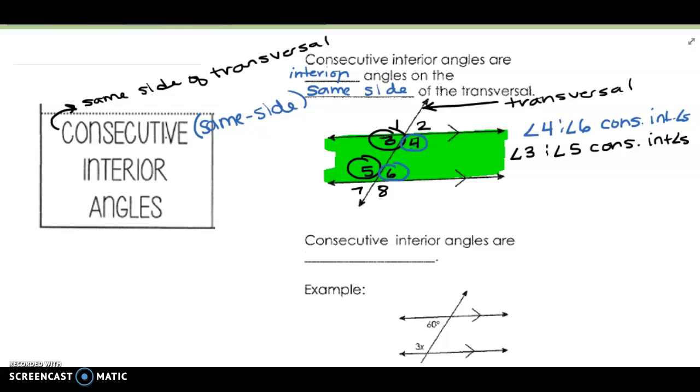All right, last but not least, consecutive interior angles. Now, consecutive interior angles are kind of the odd man out, guys. And the reason being is because consecutive interior angles are not congruent. So I'm going to put parentheses, not congruent. Instead, they are supplementary.